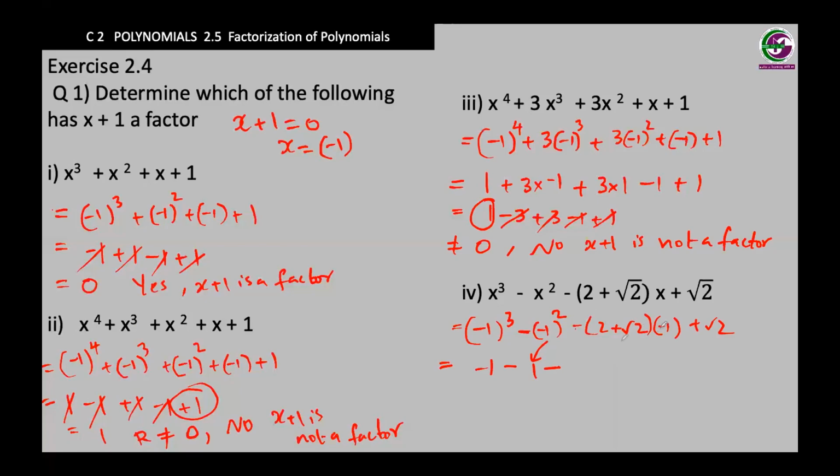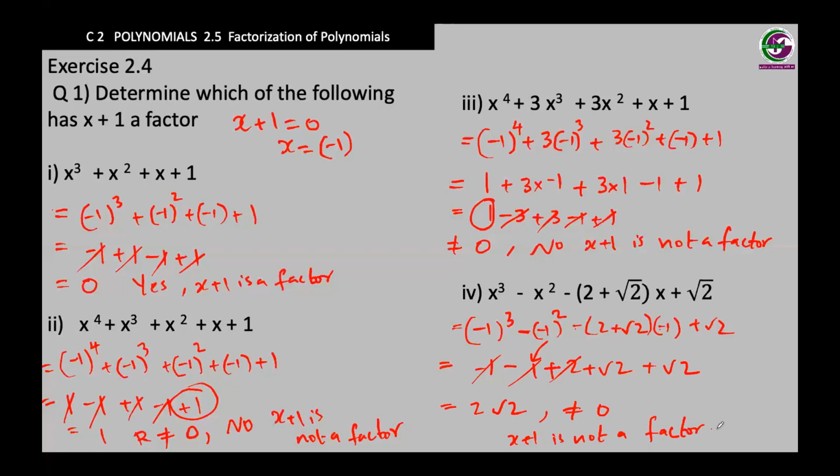This negative and this negative will be positive. 2 plus root 2 plus root 2. Negative 1 is negative 2. So negative 2 and this will get cancelled. Root 2 and root 2 is 2 root 2. Is it equal to 0? Not equal to 0. So we can say that x plus 1 is not a factor.